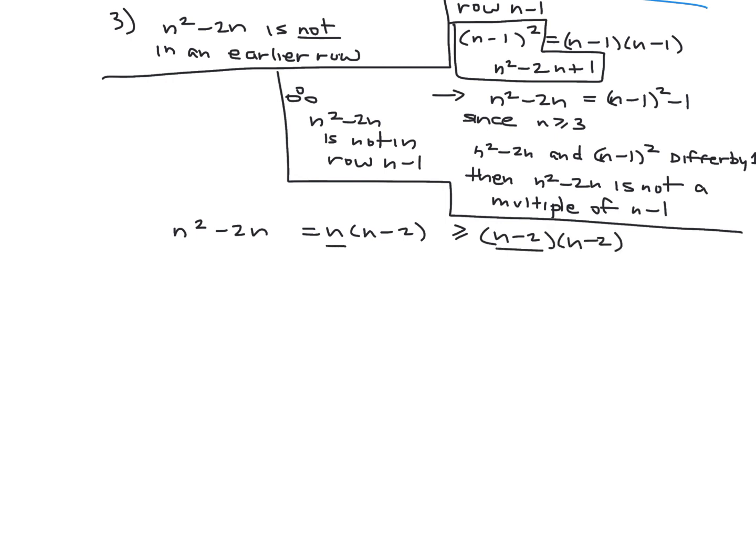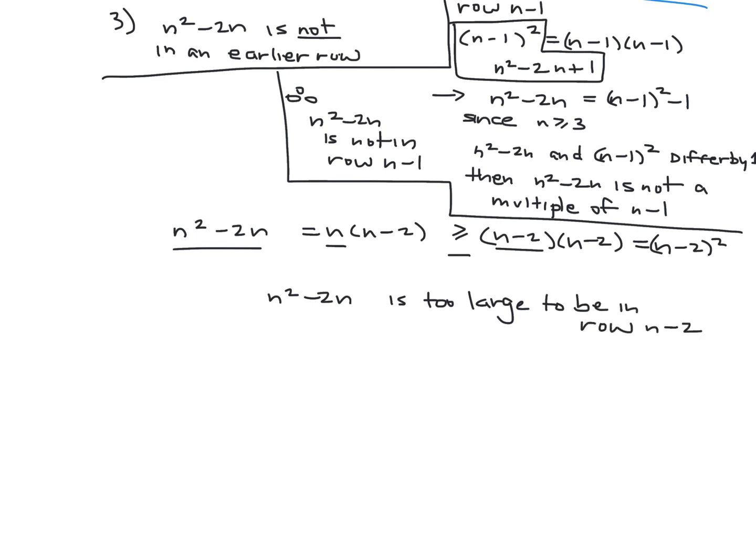Because n is greater than n minus 2. And that's n minus 2 squared. So because it's greater, that means that this is too large to be in row n minus 2.